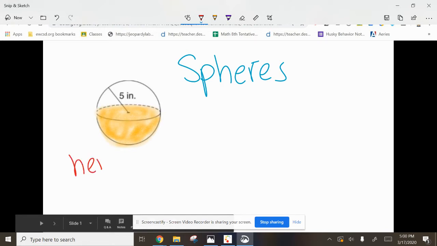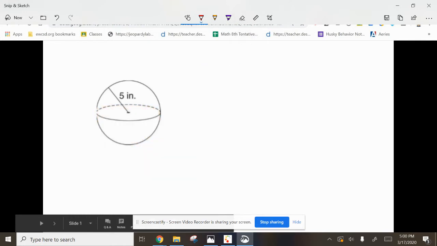And the word they use for that, the prefix, is hemisphere. So half of a sphere. Our Earth is divided into hemispheres, so hemisphere is something you should know as well. So let's go ahead and get all this out of the way here.